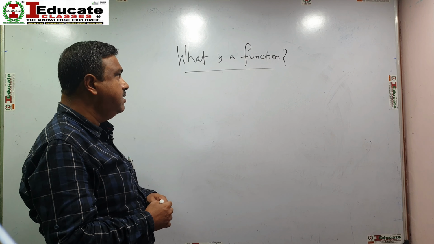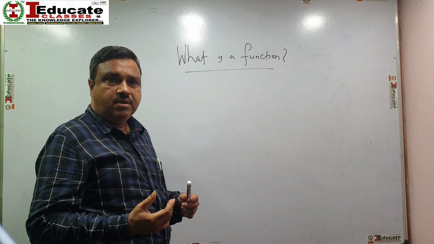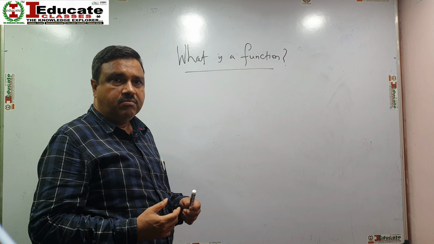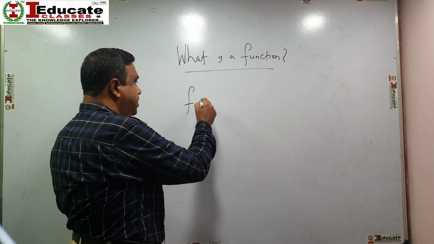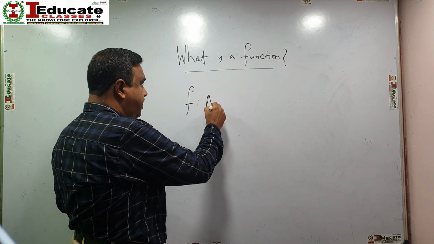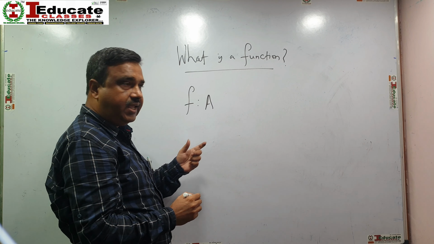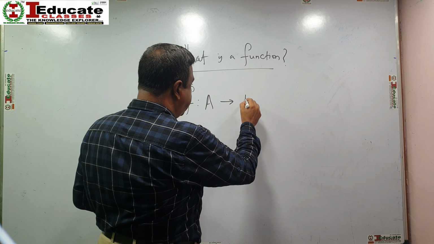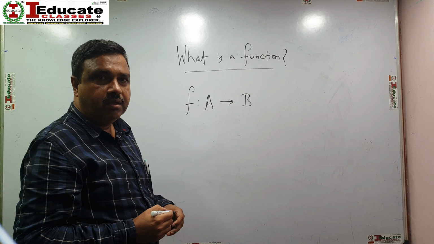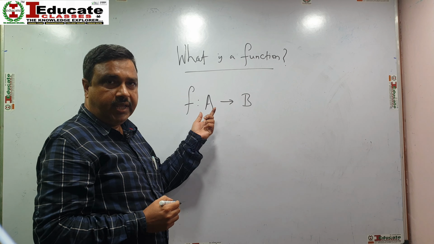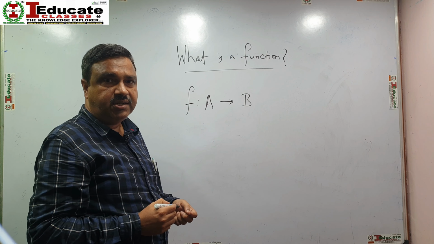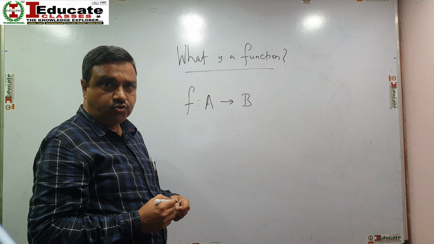So first of all, you know that by definition we say f is a function from a set A to a set B, when A, of course, should be a non-empty set and B also should be a non-empty set.